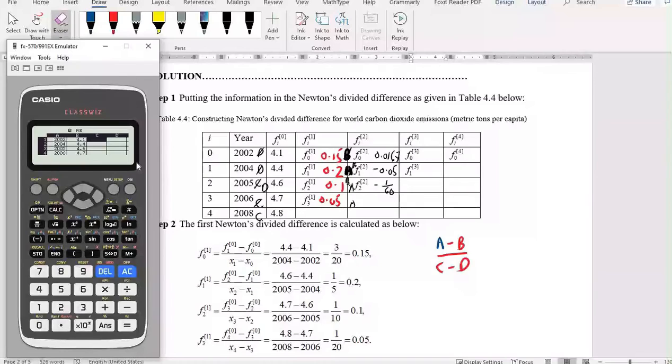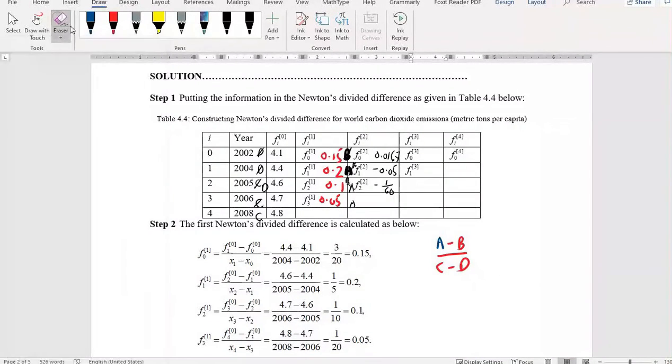You just identify them the first time only. So you press alpha count to put in the formula equal. Now you have to identify, in the first level, your A is actually this. Let me delete first, otherwise very messy.